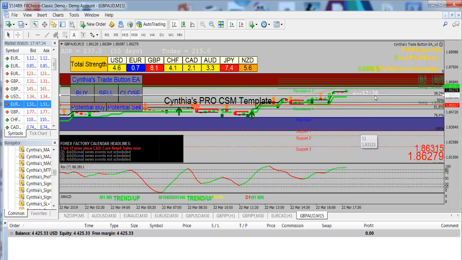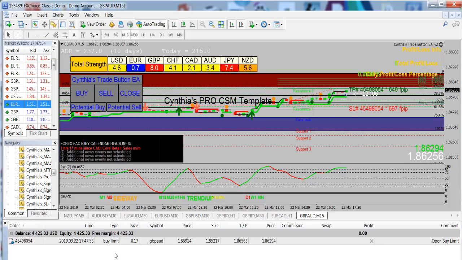So now we have our trade set up. We have our pending order trade set up by clicking the potential buy button and rearranging the red, white, and green lines directly on our chart to be the way that we want them. Now to initiate this pending order, we have to click buy.